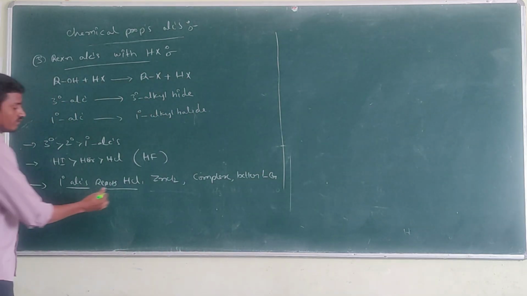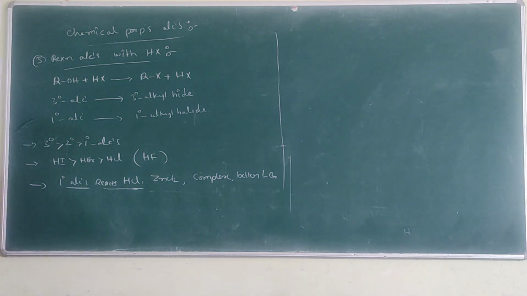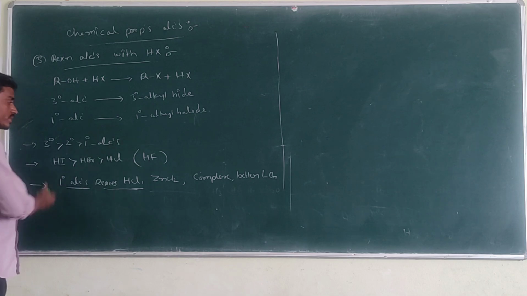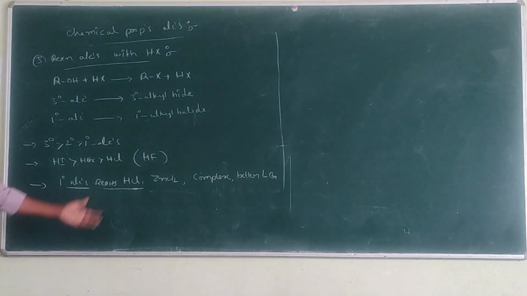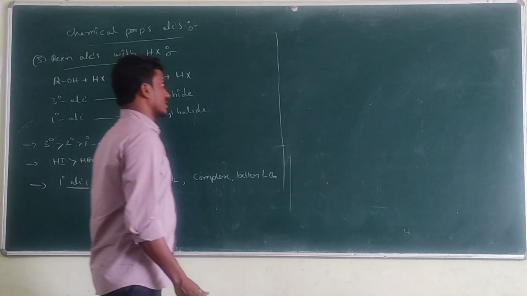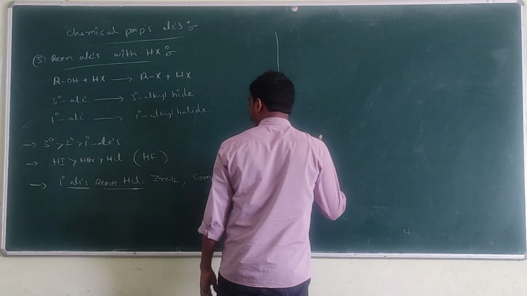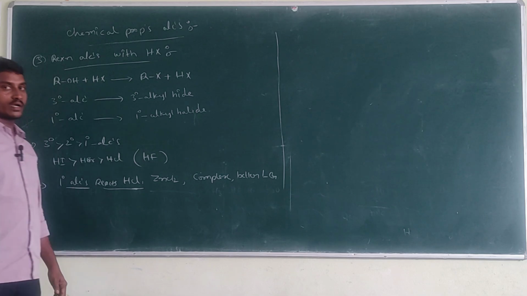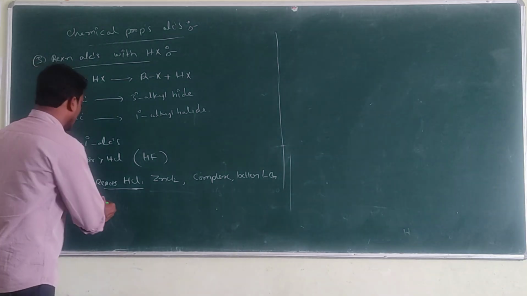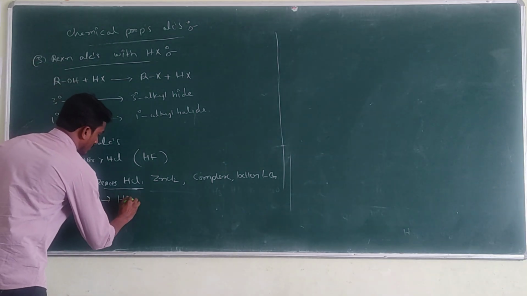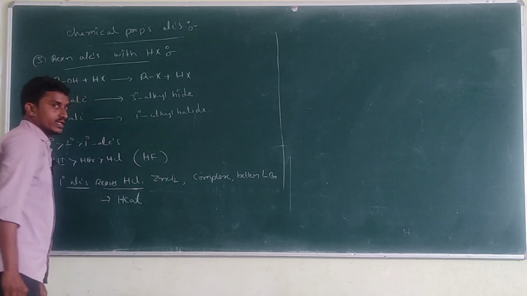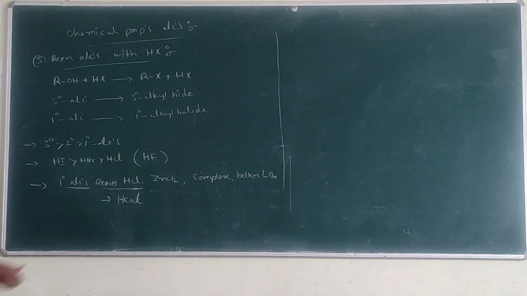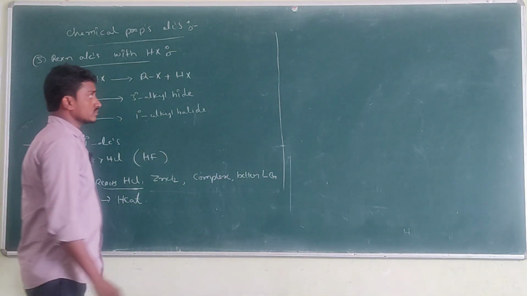This is the reason for the very low reactivity of HCl. In the presence of zinc chloride only, primary alcohols react with HCl. Even though zinc chloride is present, heat is also required.